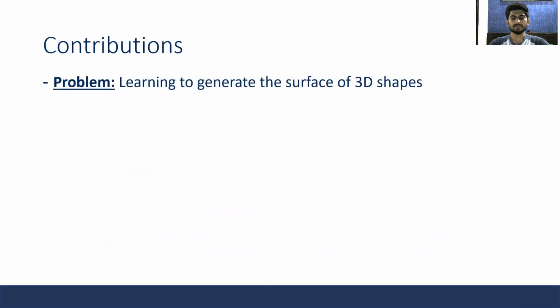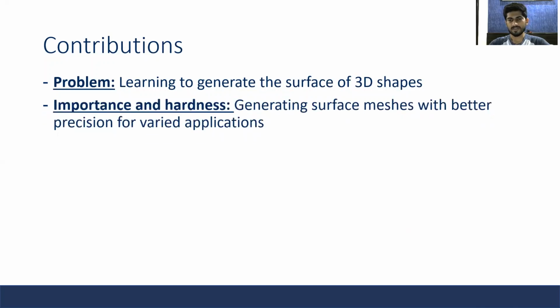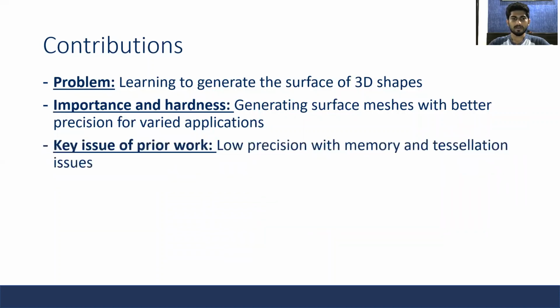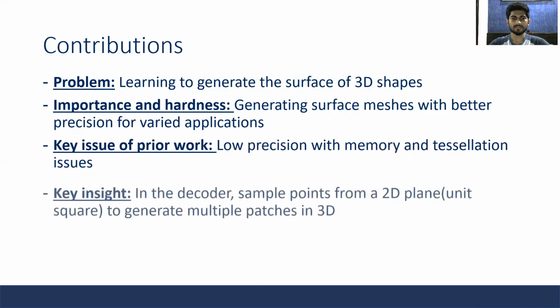So contributions. The main contribution of this paper is to formulate a method to generate the surface of 3D shapes. Of course, like I said before, it is a very important and a hard problem. Key issue of the prior work is low precision meshes formation and memory and tessellation issues.